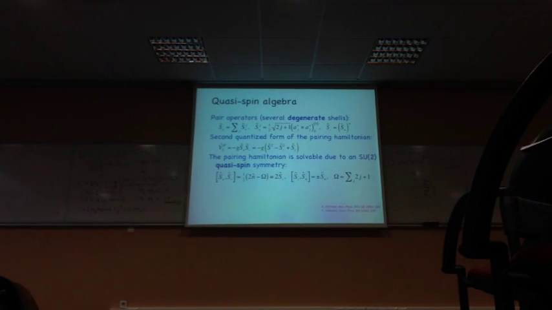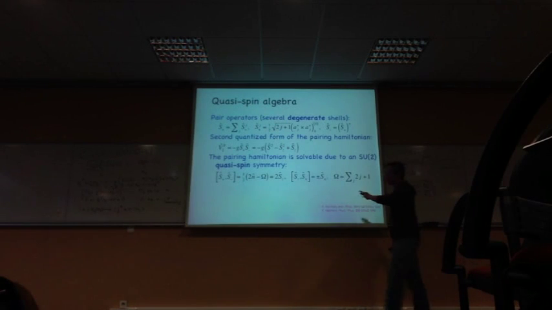This is what I showed. It is solvable based on commutation relations, so you take S plus, S minus. Now this is the number operator, and this omega is just the sum of 2J plus 1 over all the J's. So the omega in this case will be 32, the degeneracy of the levels.